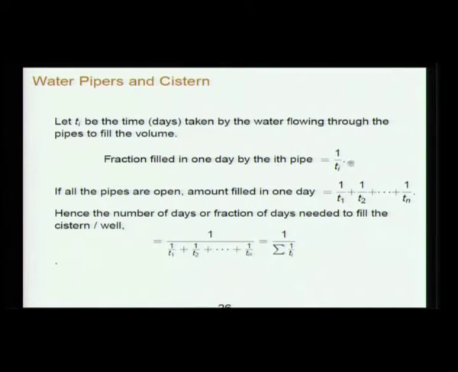So, in 1 day it is filling 1 by Ti, right. And if all the pipes are open, the amount filled in 1 day is this. Okay, you have to sum over all these inverses, and hence the number of days or fraction of days needed to fill the cistern is equal to 1 over the sum of these inverses. So, that is a good, correct, exact result.